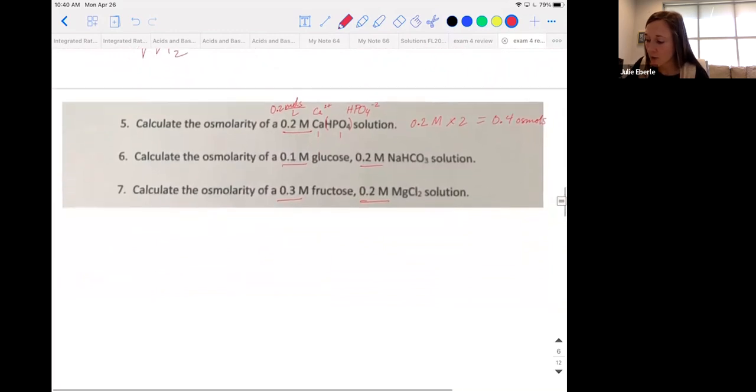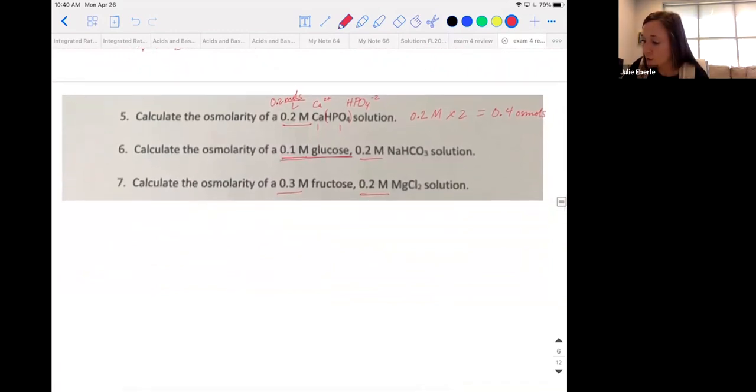Numbers 6 and 7 are harder because look, I've got 0.1 molar glucose and I have another compound, and it wants to know the total osmolarity. So I have to calculate 2 different things and then add them up. So let's look at number 6 right down here. Glucose. How many particles are we going to get? How many ions will it dissolve into or break up into?